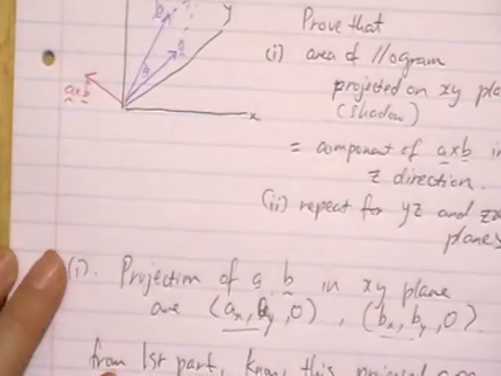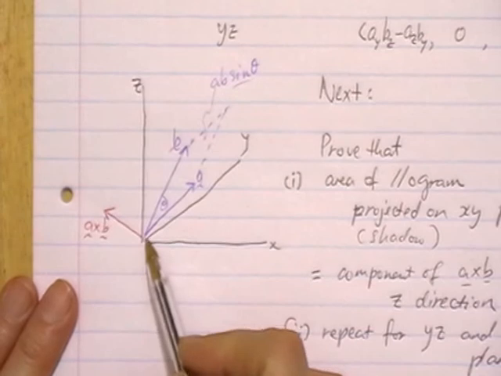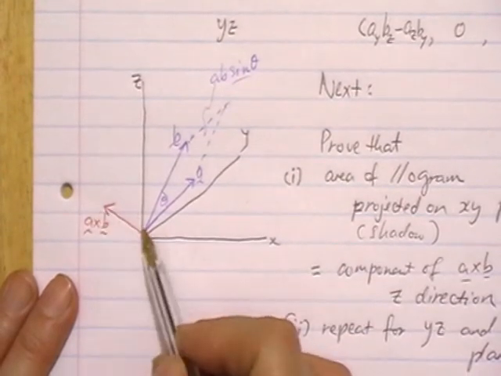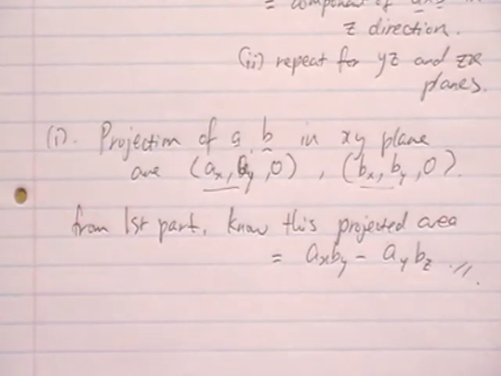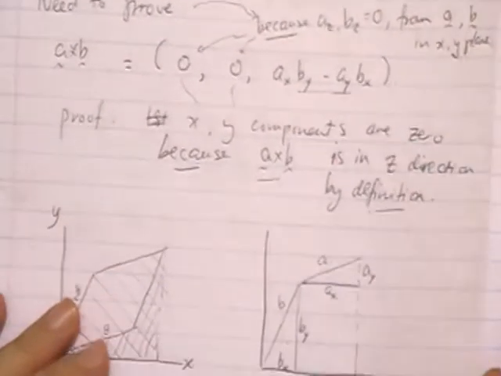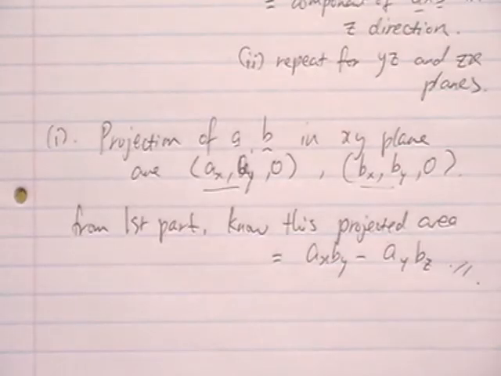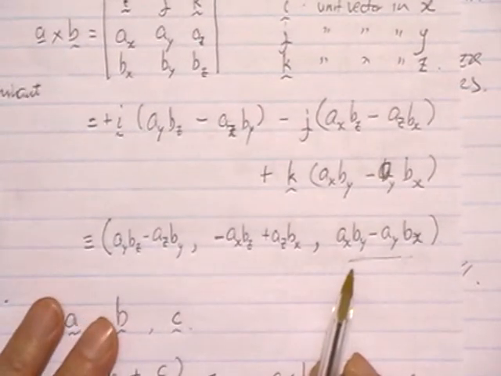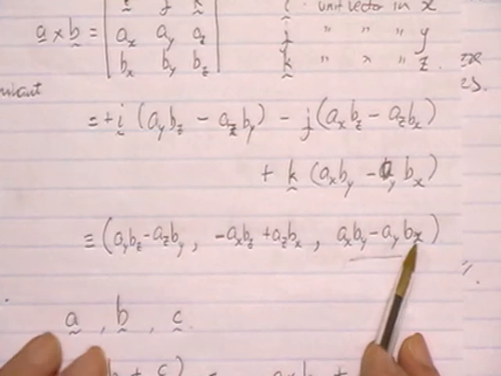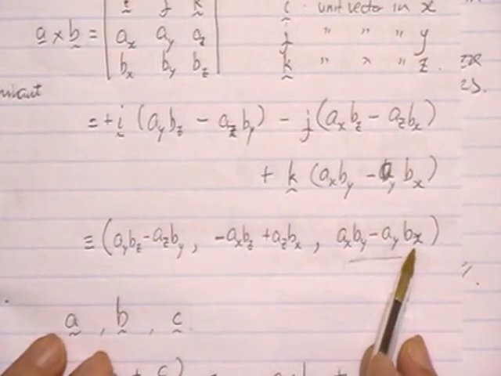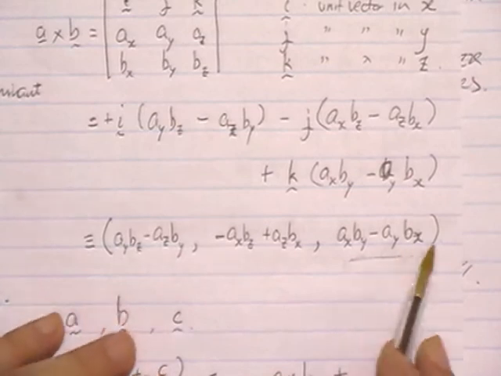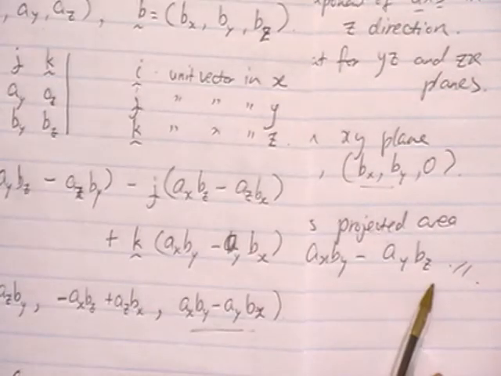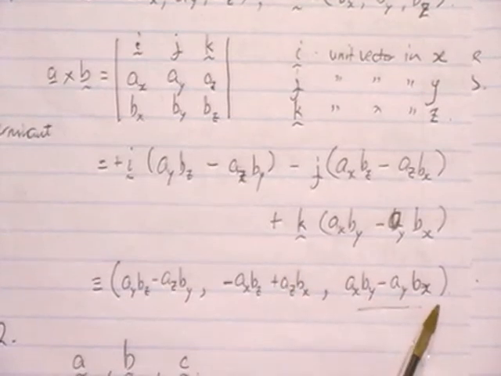So the next thing I need to do is to show that the component of this in the z direction is also equal to this. Now, of course, I cannot make use of this formula that I want to prove and say that that's the z component of the cross product, so therefore it is equal to the area. I cannot make use of this because this is what I want to prove.